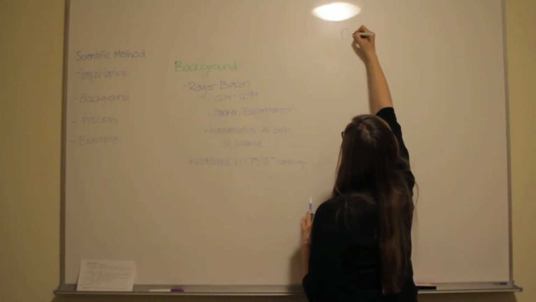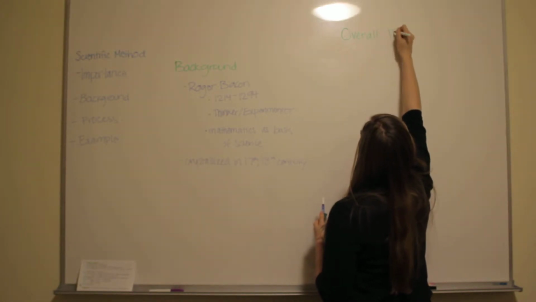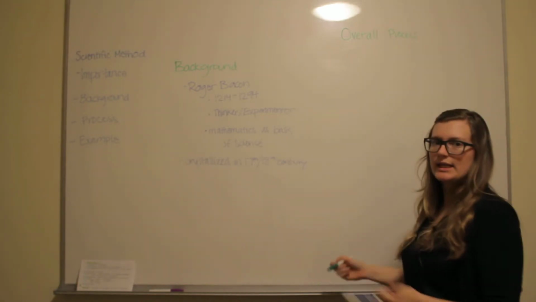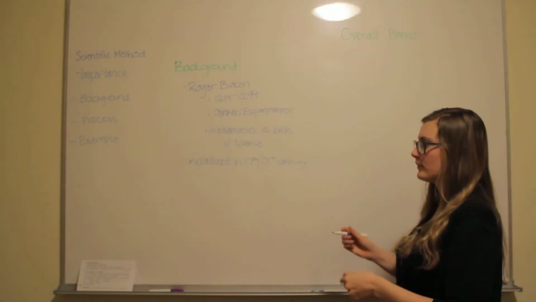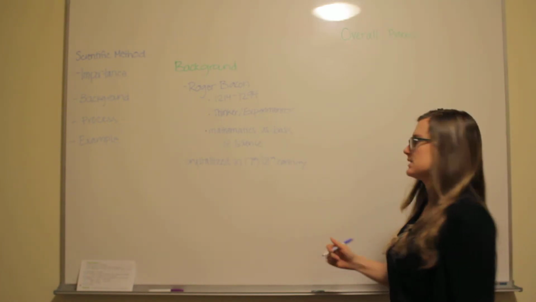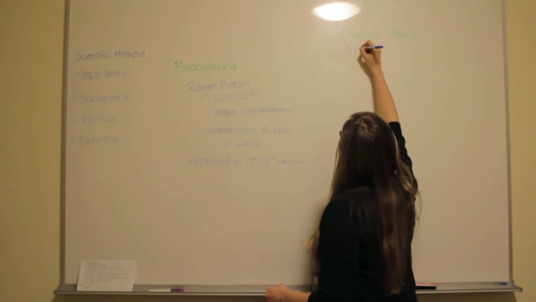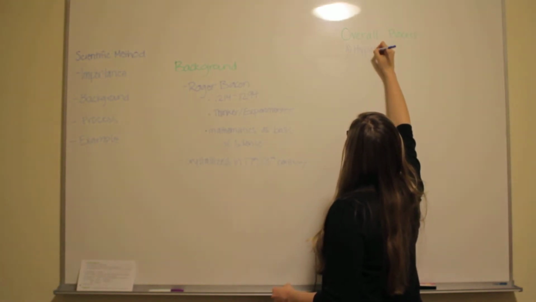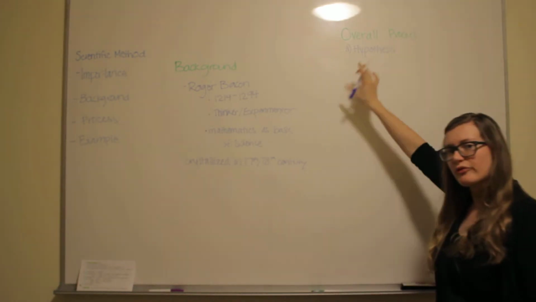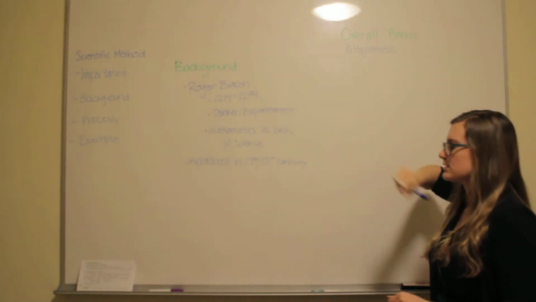First we're going to go into the overall process, or you could say the highlights of the scientific method. First, you have to start with a hypothesis. And this is probably a term we've heard before, and I will expand it in a little bit after we go through the process.